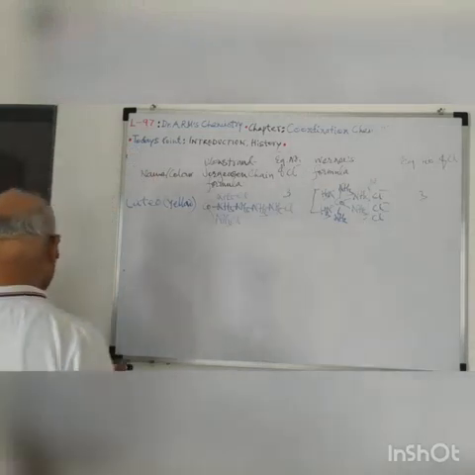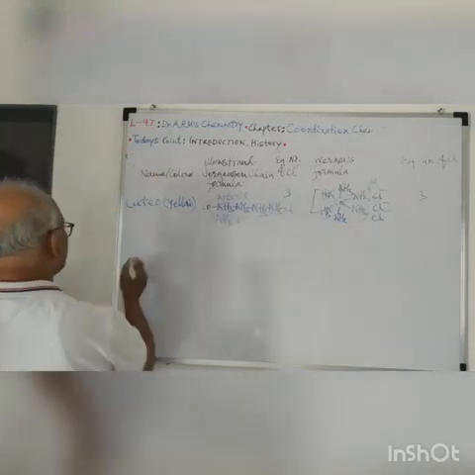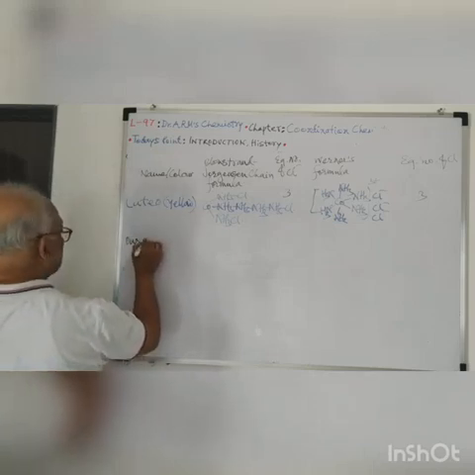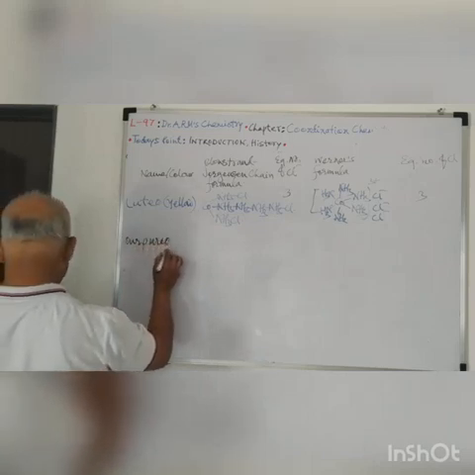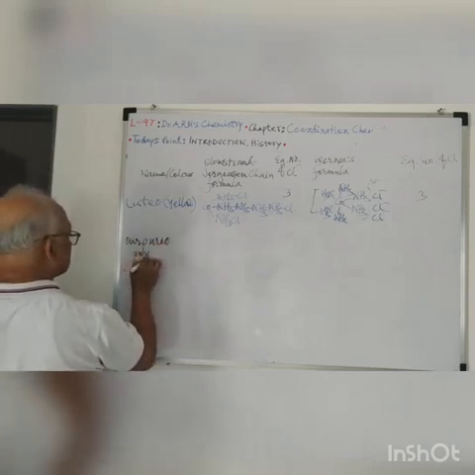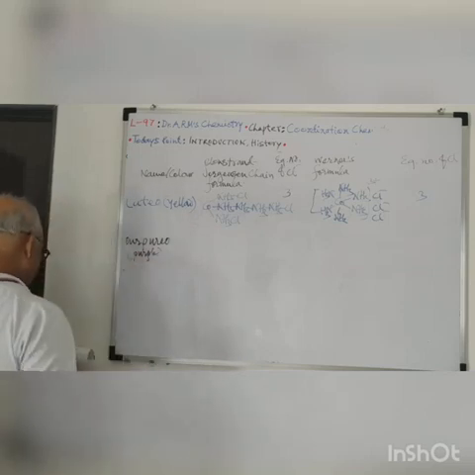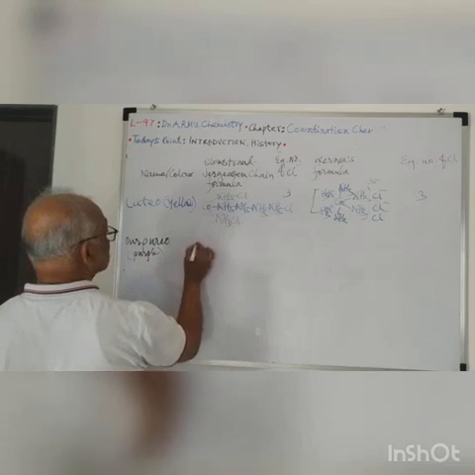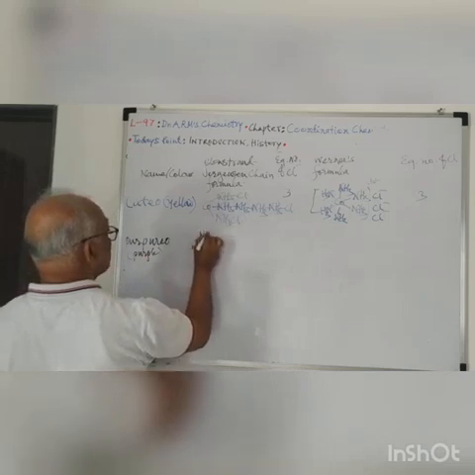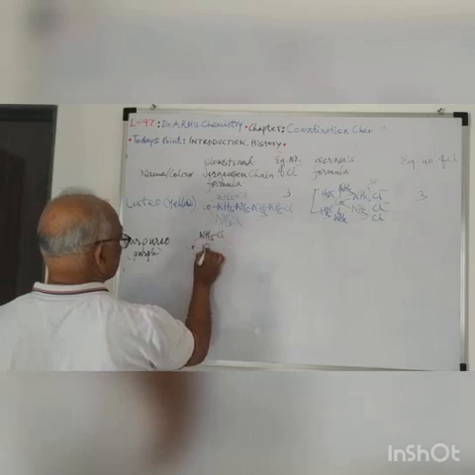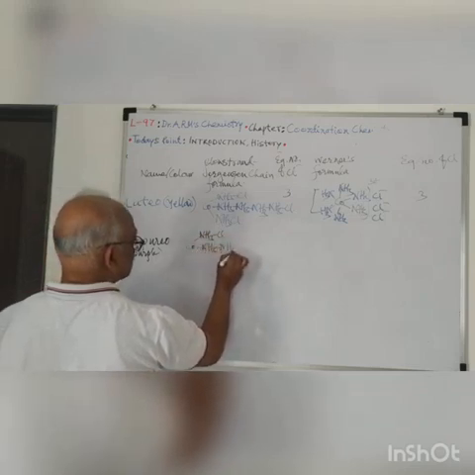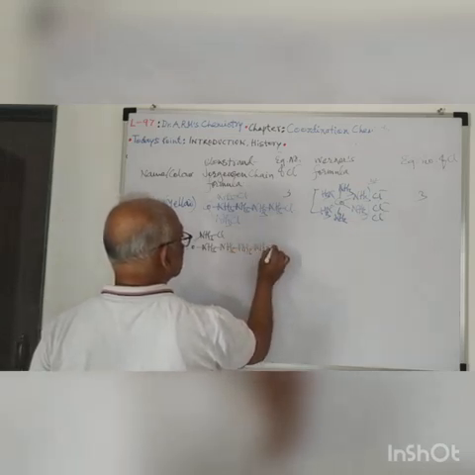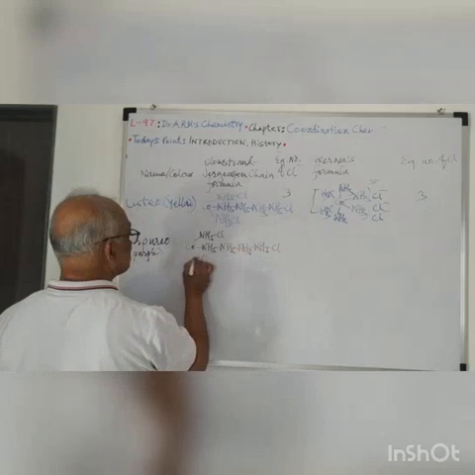The next compound is Purpureo, and it is purple. It is having a structure like this: Co, NH3Cl, NH3, NH3, NH3, NH3Cl, and it is only Cl.